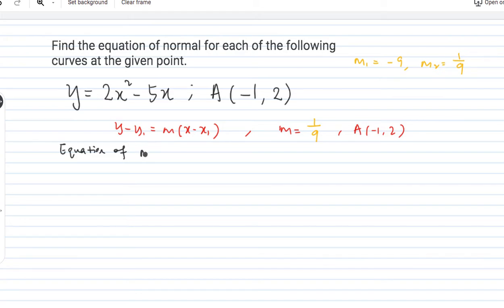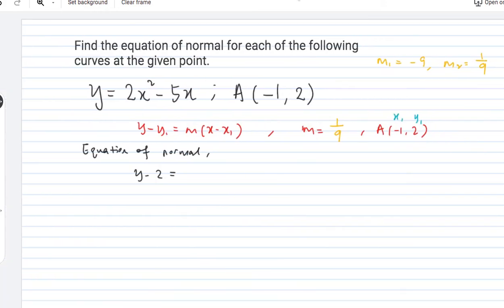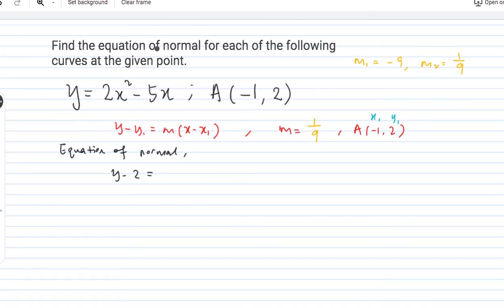The equation of normal will be y minus y1. This is x1, this is y1. y minus y1 equals m. The gradient is different. Just now the gradient here was negative 9 because this is the tangent. Now the gradient is 1 over 9 because this is the equation of normal.